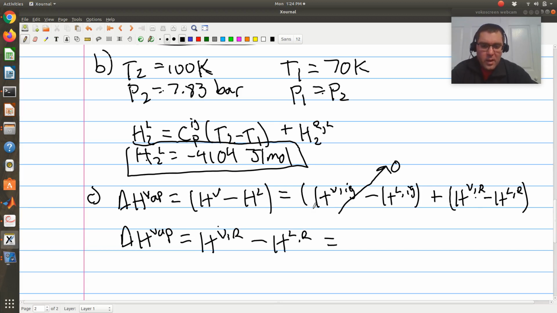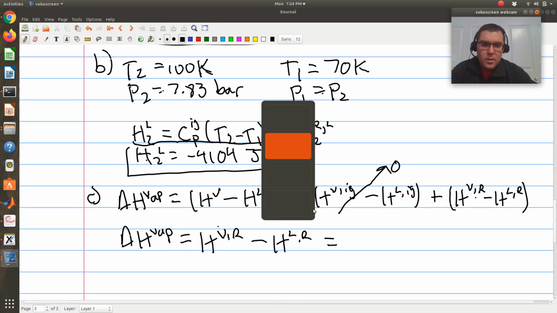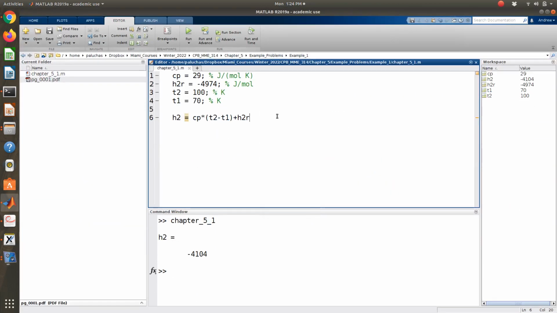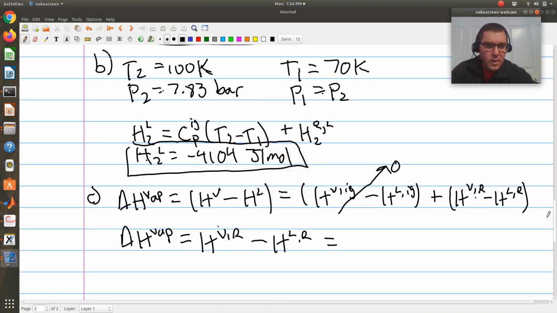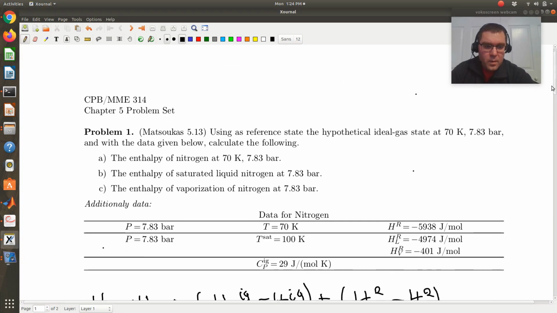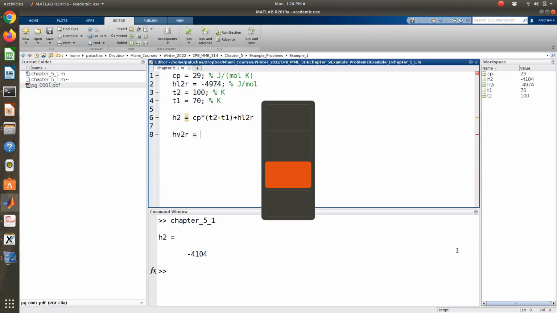That will be equal to, well, I already have H2R up here, so let me make that HL2R. And then HV2R, the vapor phase, would be this negative 401.